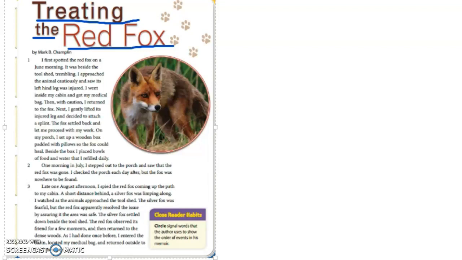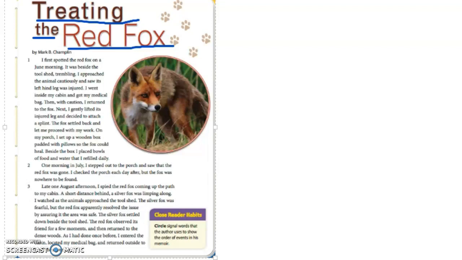Paragraph 3. Late on one August afternoon, I spied the red fox coming up the path to my cabin. A short distance behind, a silver fox was limping along. I watched the animal approach the tool shed. The silver fox was fearful, but the red fox apparently resolved the issue by assuring the area was safe.